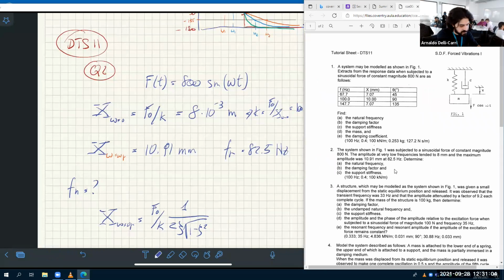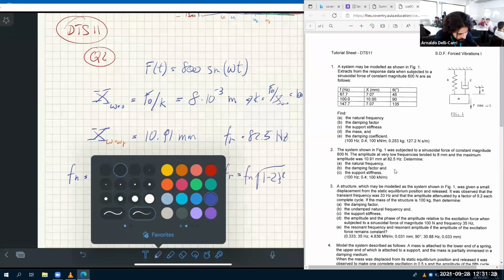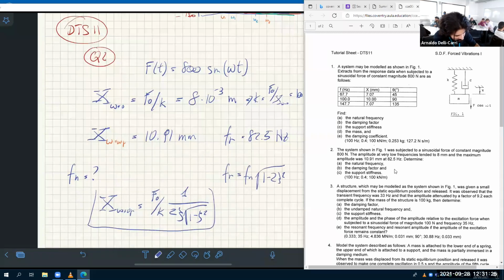Well, we also know that Fr is Fn times the square root of 1 minus 2 zeta squared. So what's missing here is zeta. Well, we can find zeta from here. Look at this equation. How many unknowns do we have here?